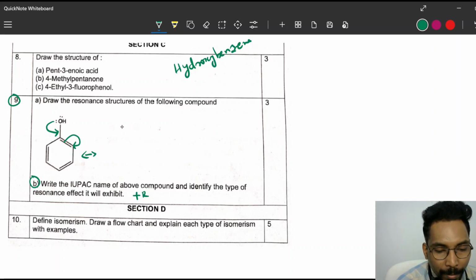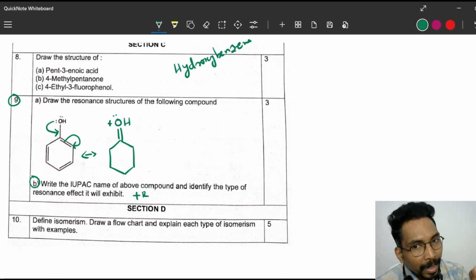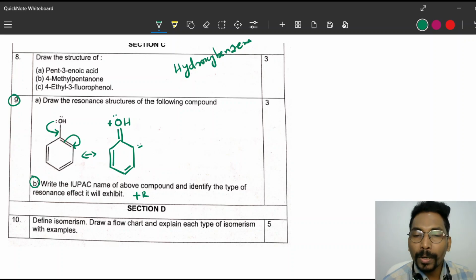So here it will become a double bond. So OH, it will become a double bond. Okay, then here one positive charge because that electron pair came down. Okay, so here electron pair is there, negative charge, and here one double bond and here one double bond.